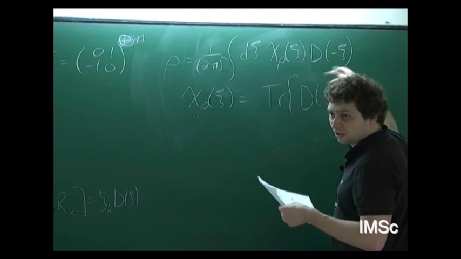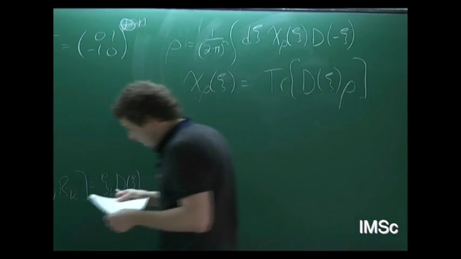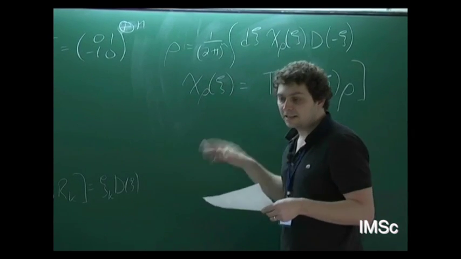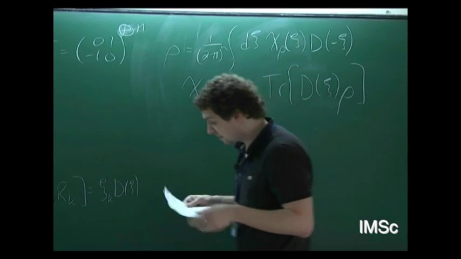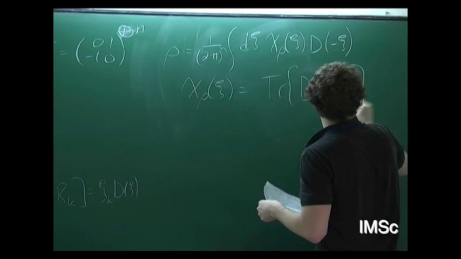So this is sort of a non-commutative Fourier transform that we use, and these guys are kind of like the sines and cosines that you'd usually use as a basis for your state space. And this is called the characteristic function.